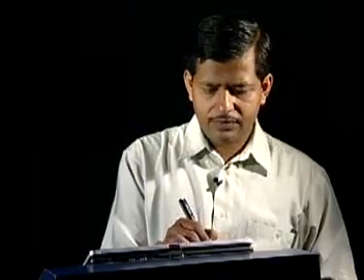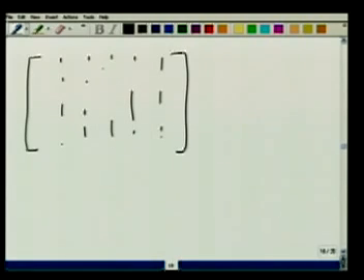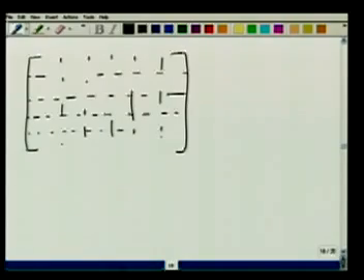So if I write that matrix, what will I get? Here is the 6 by 6 matrix, 1, 2, 3, maybe I'll have to extend it further.